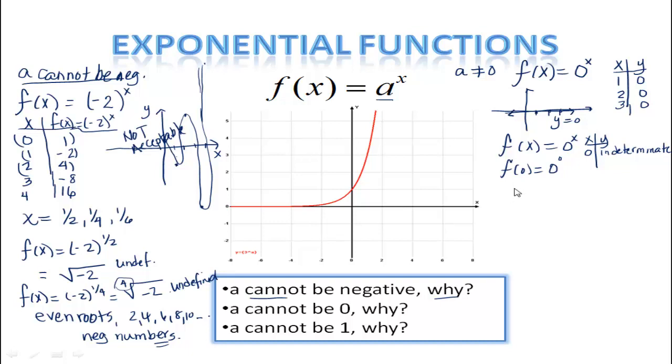And let's suppose I have 0 to the 5th power divided by 0 to the 5th power. My exponent laws say that this is equivalent to 0 to the 5 minus 5 power, which is 0 to the 0 power, okay?